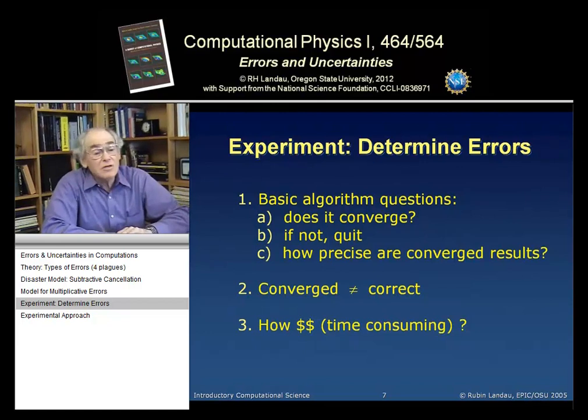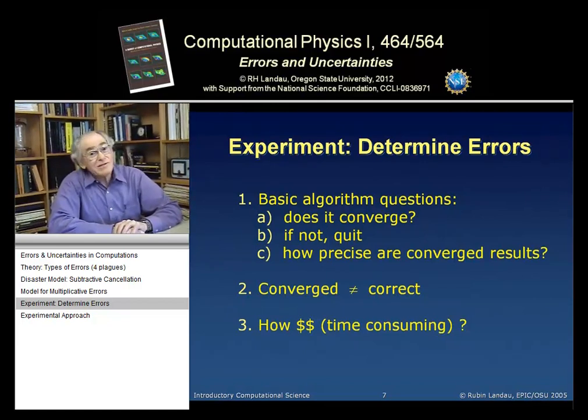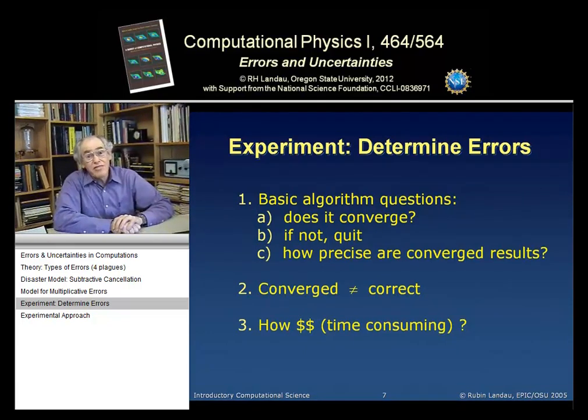If it does converge, one likes to think, and usually it's true, that it's converged to the right answer, but that's not always the case. So if it's converged, another question to ask is how precise is it? And if it's not converged and it's given the wrong answer, that happens as well. Why is that happening? And finally, if you have an algorithm, how expensive is it?